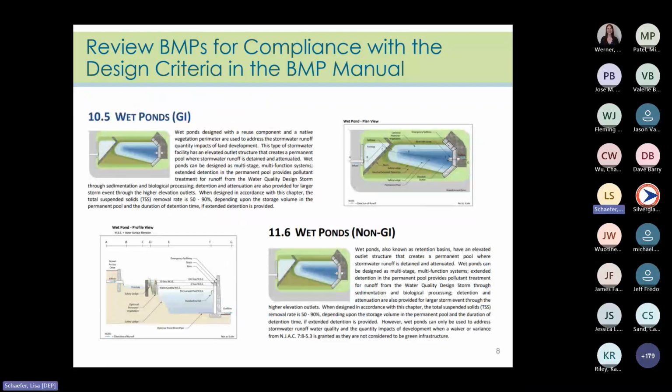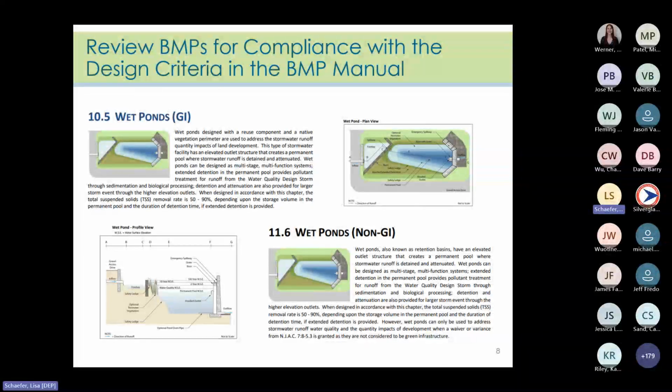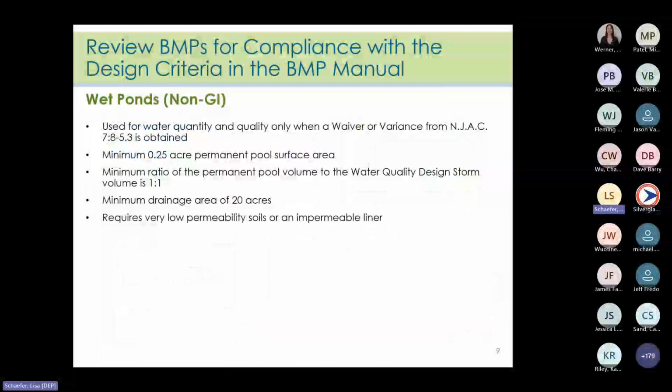So we've seen more developments using GI wet ponds to meet the water quantity control requirement. So let's discuss all wet ponds in a bit more detail. All right, we're going to start with the non-GI wet ponds, which can be used for water quantity and quality only when a waiver or variance from NJAC 7:8-5.3 is obtained.